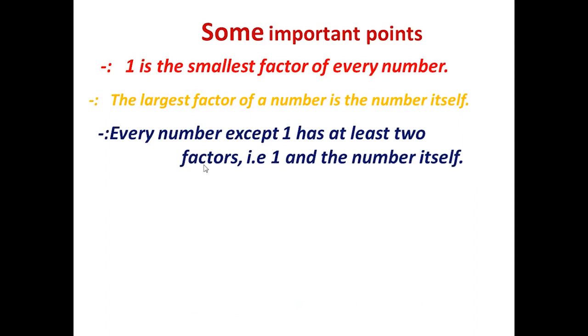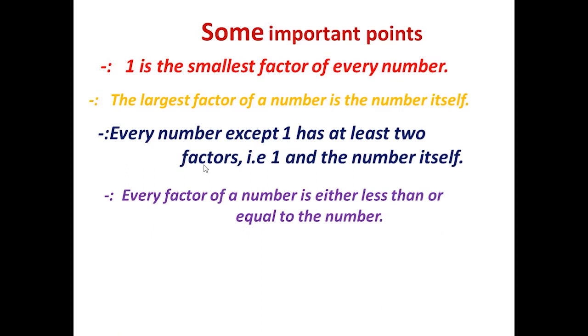Now see next, every number except 1 has at least 2 factors, that is 1 and the number itself.